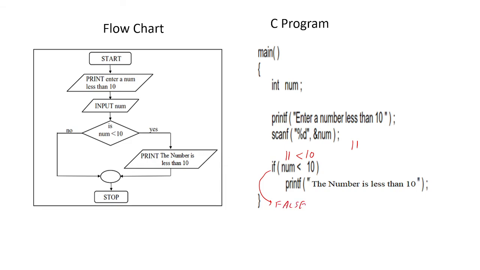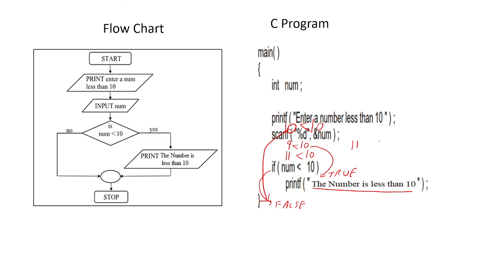If the number entered is less than 10, let's say 9, it will check 9 is less than 10, this condition is true, so it will come here and print that the number is less than 10. And even if the number entered through the keyboard is 10, it will check 10 less than 10, which is false, so again it will not go into this.